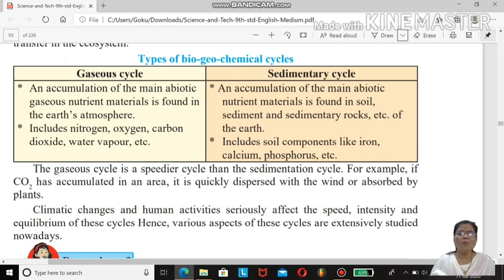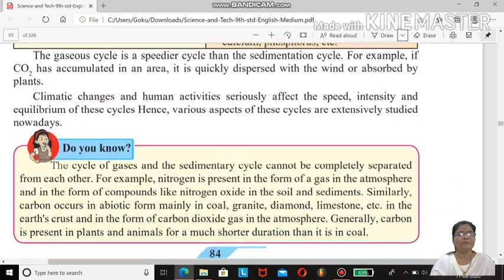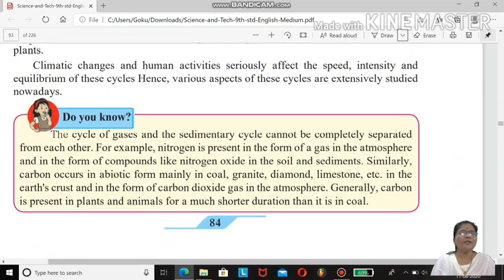Climatic changes and human activities affect the speed, intensity and equilibrium of these cycles. Hence, nowadays, the study of this cycle is very important. Students, do you know the gaseous and sedimentary cycles cannot be completed separately?